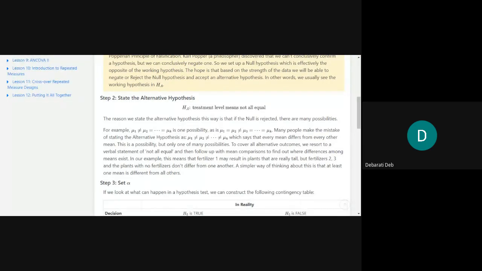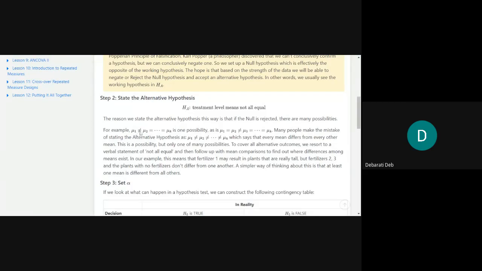For example, mu1 not equal to mu2, but the other means can be equal. One mean mu1 can be not equal to mu2, but the other means can be equal to mu2. Mu1 means the mean of the first group of plants, and mu2 means the mean of the second group of plants.